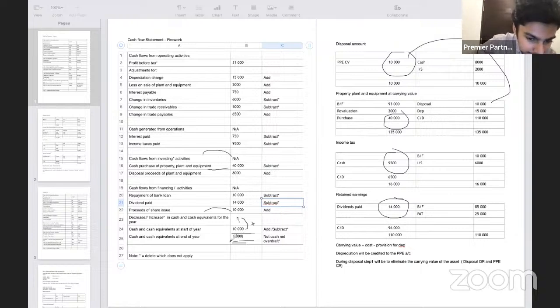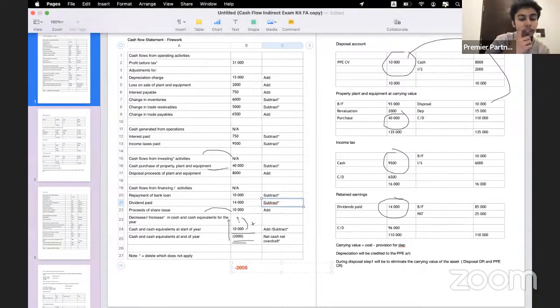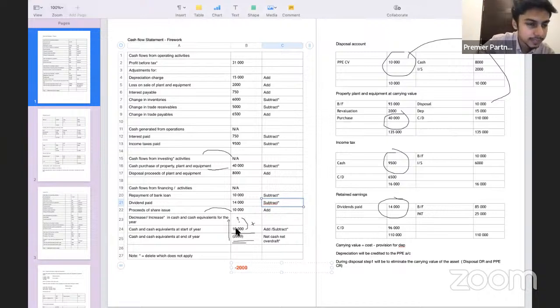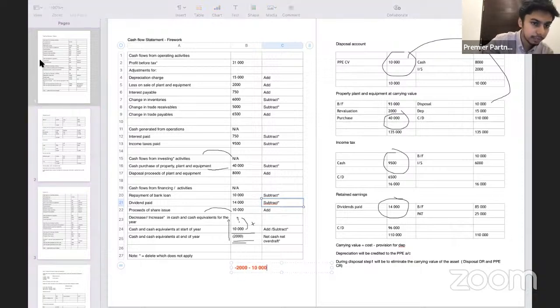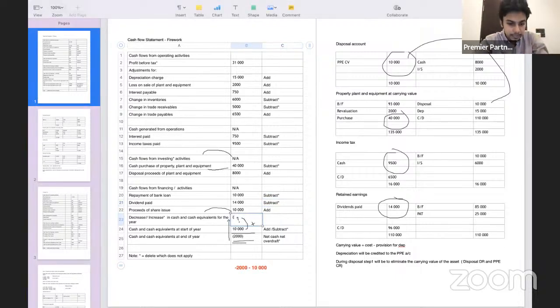So always the examiner will ask you to go backwards. That means in your calculator, you type over here, minus 2000. When you go backwards, you have to do the opposite. Now, this is plus 10,000. So when you go backwards, what will happen? Minus 10,000. So therefore, minus 2 and minus 10, what will be the answer? Minus 2 and minus 10, answer will be minus 12,000.